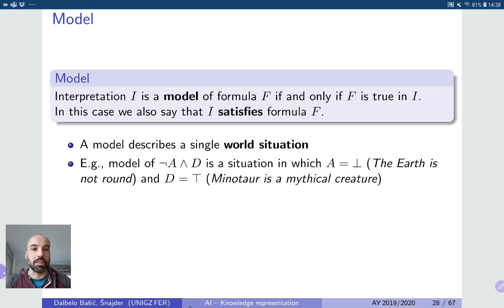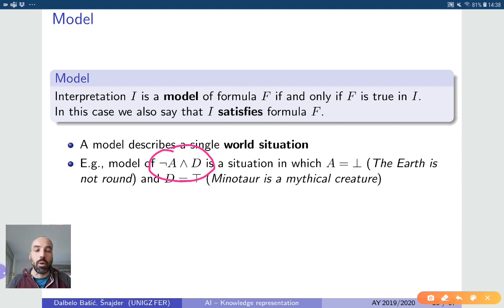Let's look at a couple of examples. For example, if I give you a formula not A or D, let A stand for the earth is round, and D for Minotaur is a mythical creature. Then this particular formula is describing a situation, right?